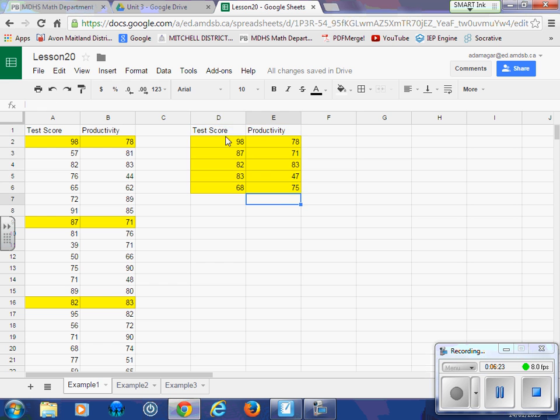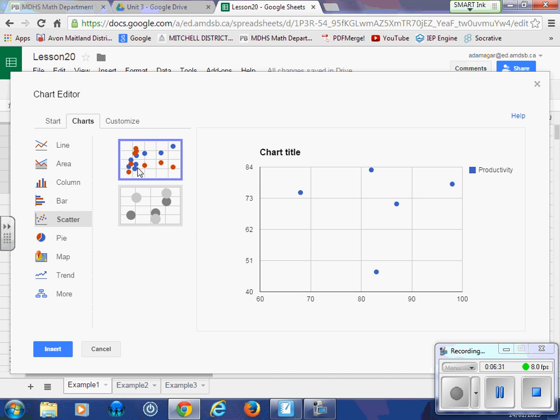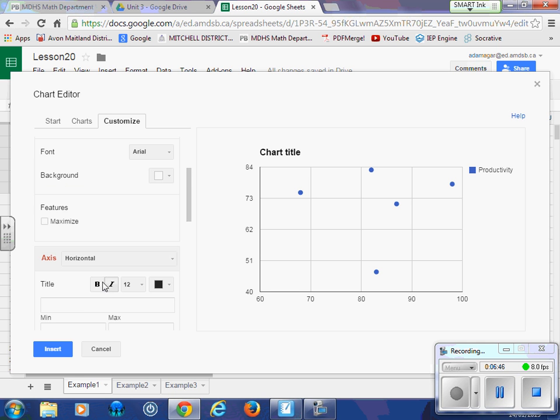So if we go ahead and do what we've been normally doing, let's do a regression analysis here. So insert the chart, again, more, scatter, scatter, customize. So chart title, we would have test score versus productivity. Legends in the right location.